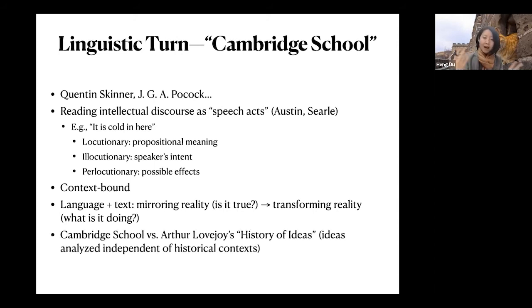So I framed our lectures against this much older approach to history. Maybe we think of it as the archival turn of the 19th century. But for the Cambridge School historians, their more immediate interlocutor is someone like Arthur Lovejoy, who proposed this idea of the history of ideas, which analyzes an idea.